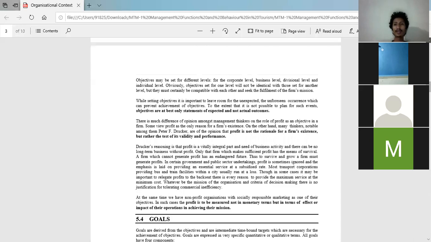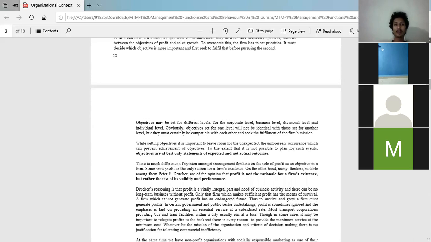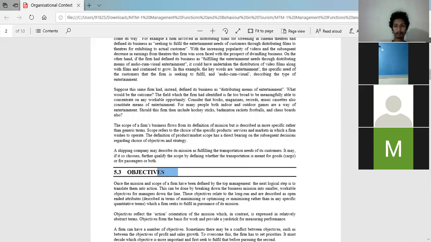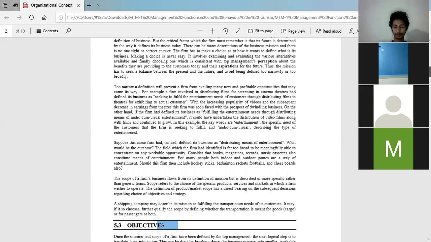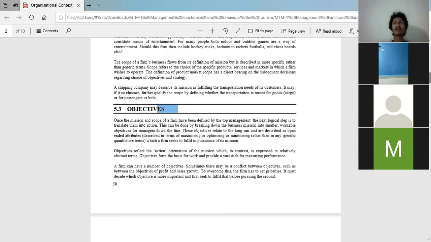Or in simple terms, you can say objectives are secondary aims, secondary targets, and the goal is the primary target.